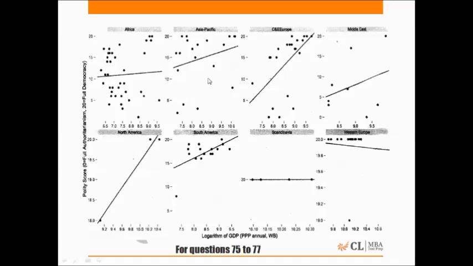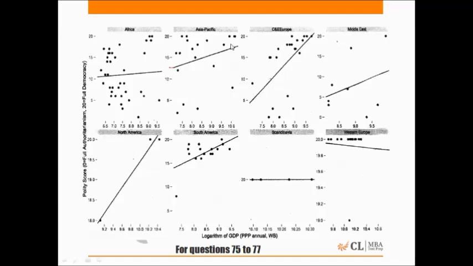And in the similar way, we can observe score of polity for Asian Pacific region as well. It is slightly more than 13 for poorer countries or poorest country, and it is around 16 or 17 for richer countries. Similarly, we can see these two parameters for all the 8 regions.